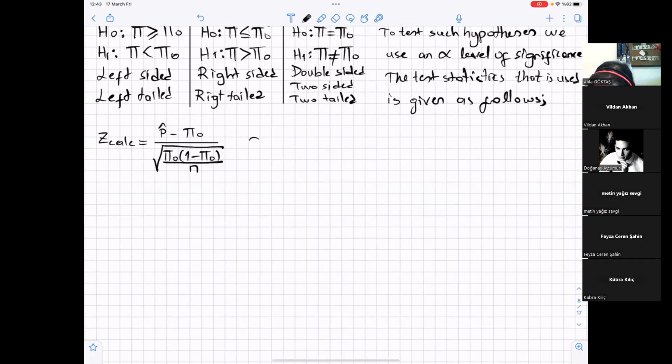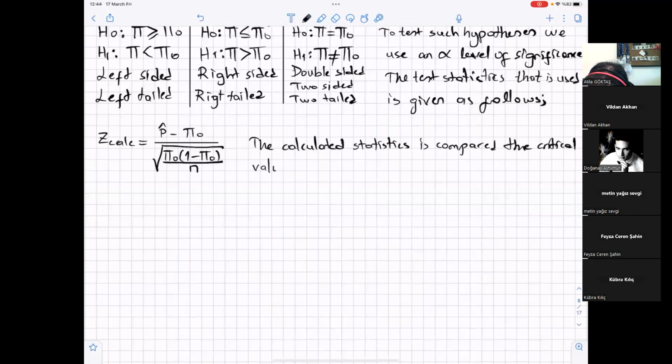The calculated statistic is compared to the critical value as we did before.